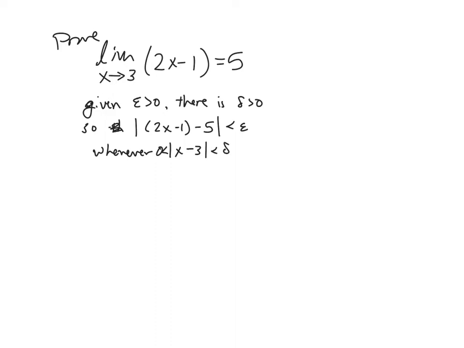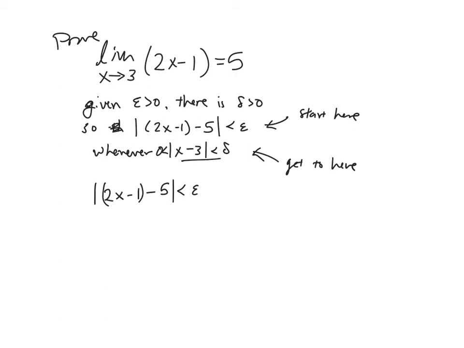So I'm going to start with the absolute value of 2x minus 1, that's f of x, minus 5 is less than epsilon. And I want to get to this last statement about x minus 3 is less than something.